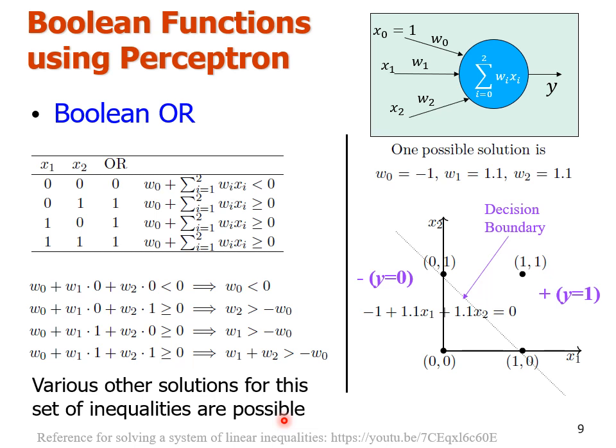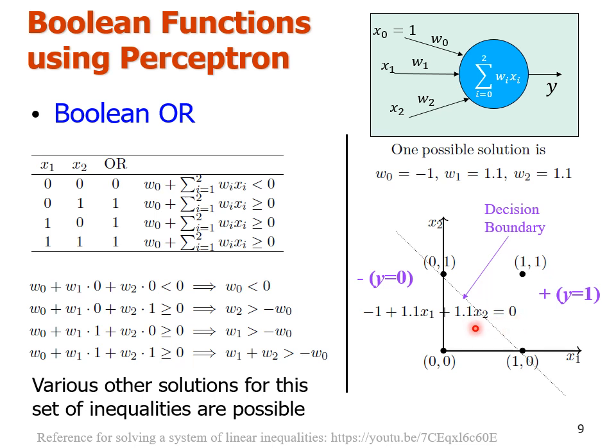If we look at the geometrical representation of this OR function in the Boolean space, we have 4 inputs 0,0, 0,1, 1,0 and 1,1 as shown, and we have the decision boundary represented as W0 x0 plus W1 x1 plus W2 x2 equal to 0.